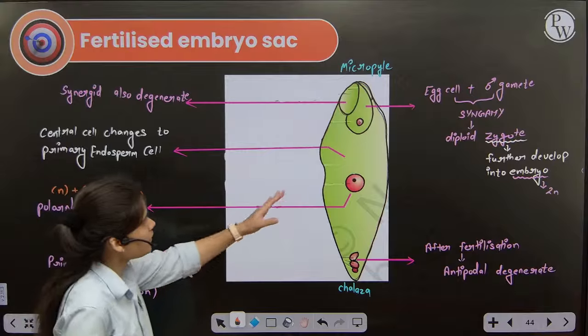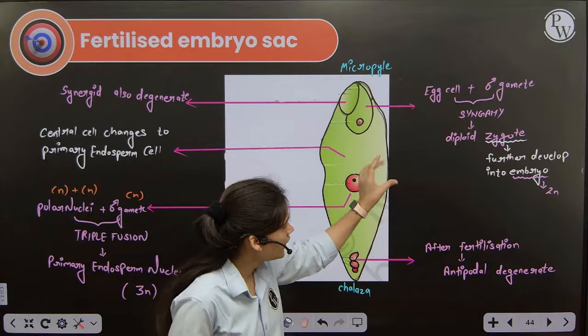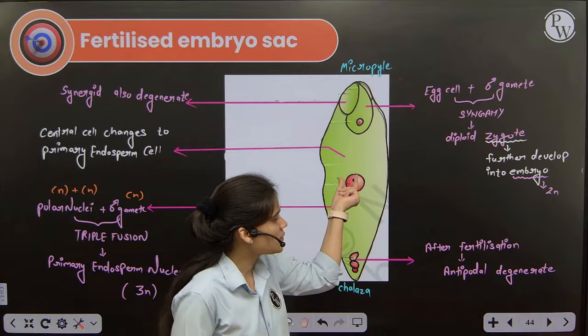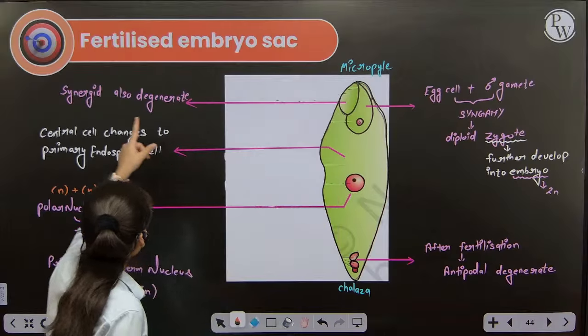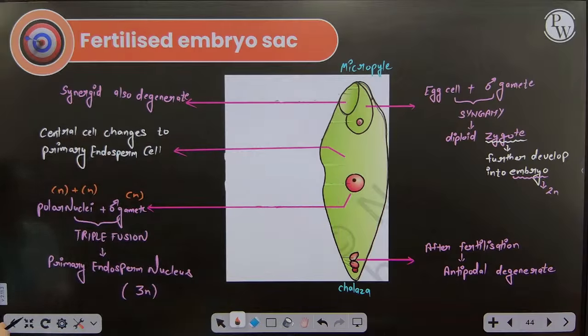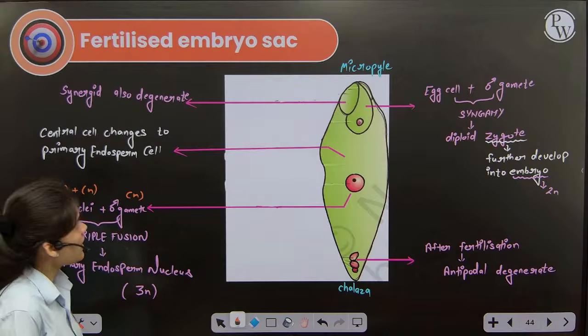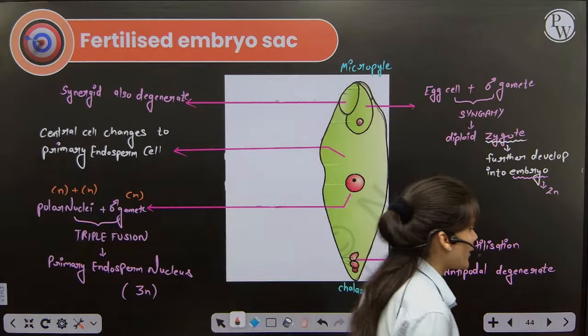Then what about the central cell where the primary endosperm nucleus is formed? Initially this is the central cell, but after triple fusion, the central cell changes to the primary endosperm cell. This is about the fertilized embryo sac.